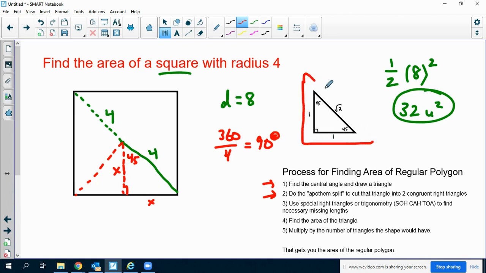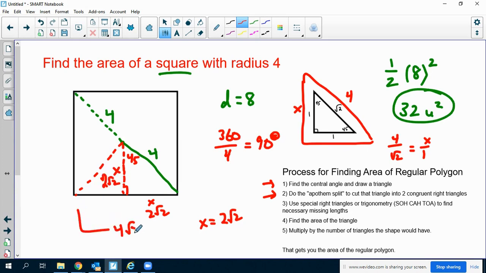So I would draw the triangle. This is a 4. That's an x. So 4 over root 2 equals x over 1. Divide the 4 by 2 and put a root 2 after it. So I get x equals 2 square root of 2. So the whole side is going to be 4 square root of 2.